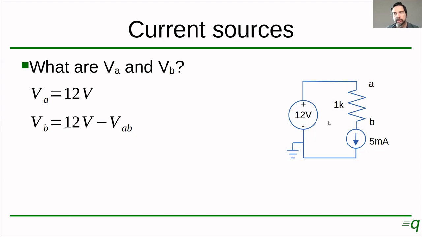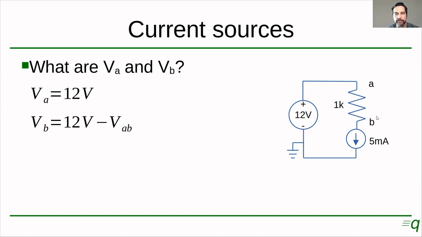And the voltage drop on the resistor can be easily calculated through Ohm's law because we have the resistor and we have the current that is flowing through it, right? And because we have this current source inserted here, the voltage across the resistor is not 12 volts, right?